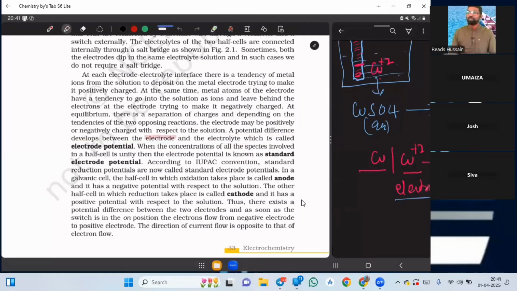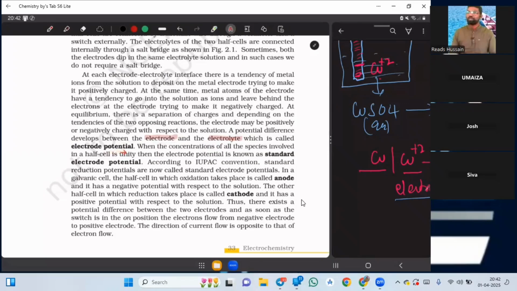In the case of the zinc electrode, it consists of zinc metal atoms. The electrolyte is zinc sulfate solution, which consists of a huge number of zinc ions. So when these metal atoms and ions are in contact with each other, there exists a potential difference. This potential difference between electrode and electrolyte is called electrode potential.